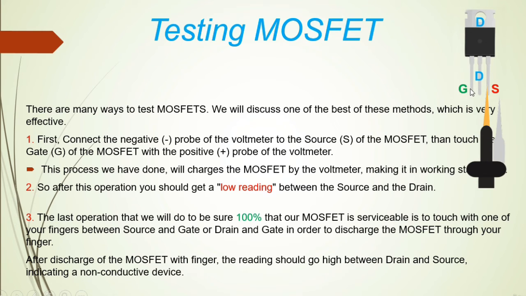Just touch it. When we touch the gate with the red probe, what will happen? Let's read here. This process we have done will charge the MOSFET by the voltmeter, making it in working state, on.